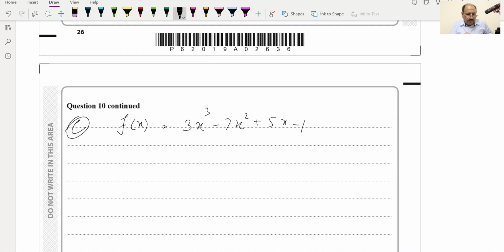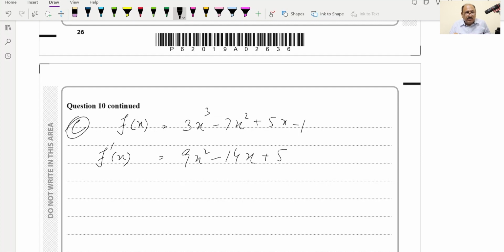Now we can find f dash of x, the derivative dy by dx, that will be equal to 9x squared, 3 into 3 is 9, x power 3 minus 1 is 2, and minus 7 into 2 is 14x, plus 5.